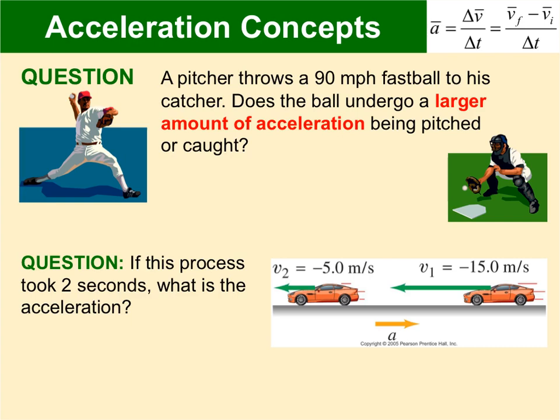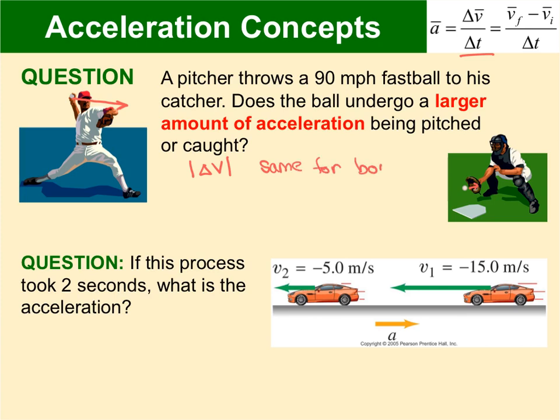Let's look at an example. If a pitcher throws a 90 mile an hour fastball in baseball over a much larger period of time, the catcher catches it over a very short period of time. We know that it's going to be a positive change in velocity for the pitcher, negative change for the catcher, but the absolute value, or the magnitude, of the ball's velocity is the same for both.